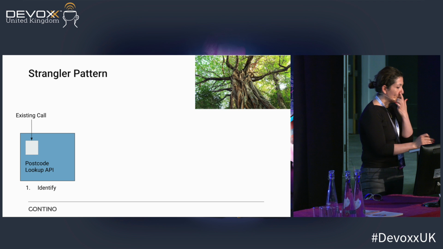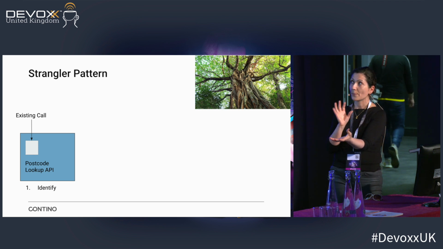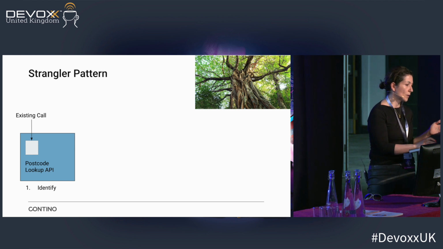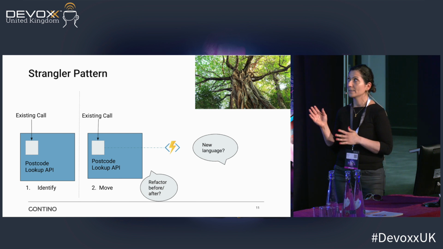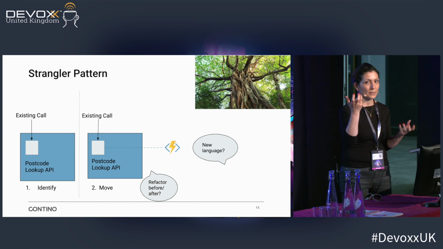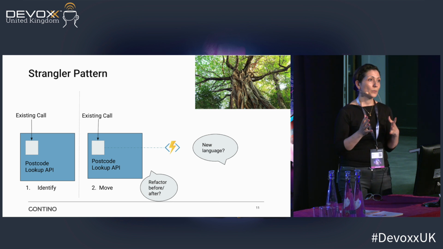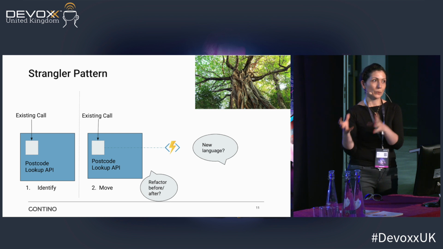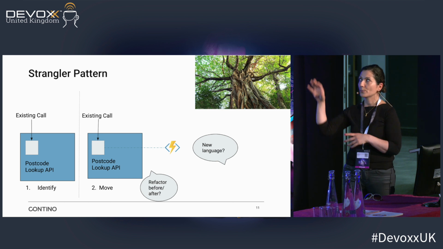So the design is we will keep the existing application and the existing code for the postcode lookup API, and then we will move it as a new serverless function. You have two options there. You can either refactor within the application and then move the code to the Azure function, or you can write a brand new one.